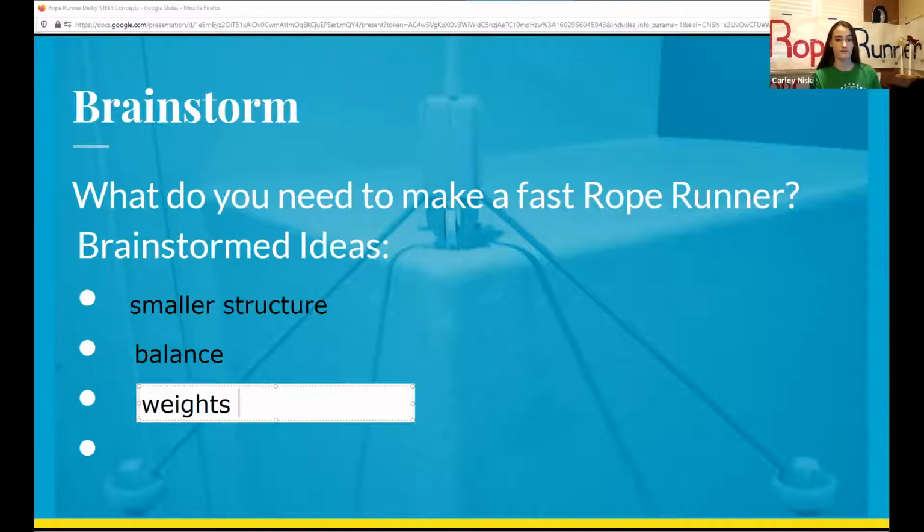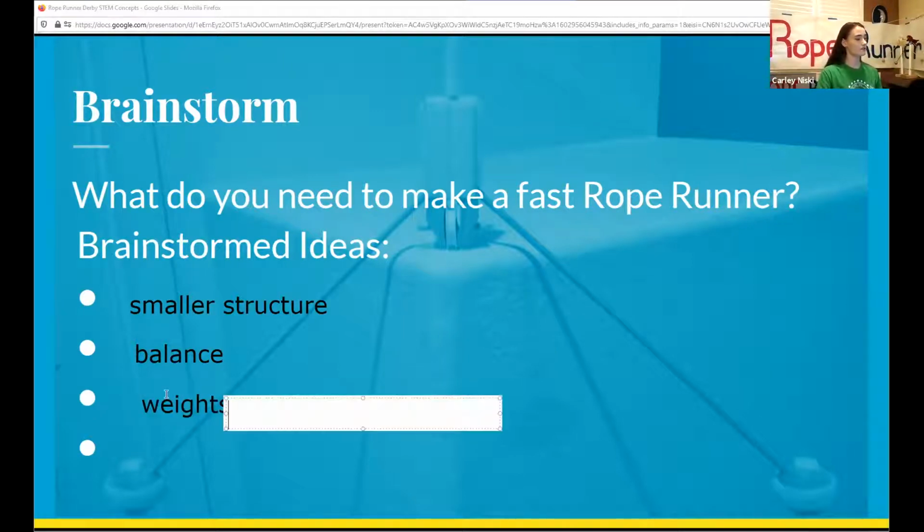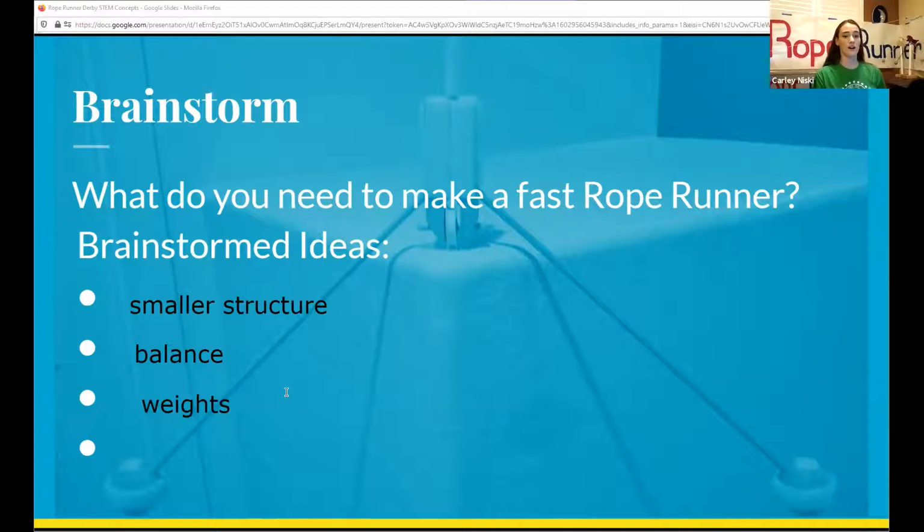It needs to be light. Okay, so it needs to be light. The weight of the rope runner often depends on how much air resistance it has. So if you have less air resistance, then the weight won't matter as much. But if you have a lot of air resistance, then you're going to want it to be a little heavier. So smaller structures, balance, we need to consider the weight of our rope runner.